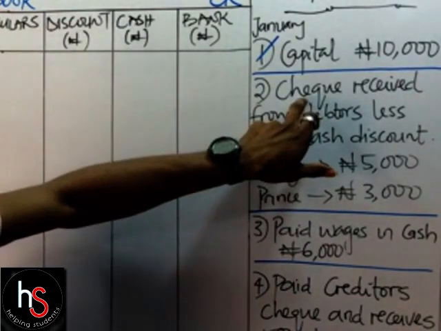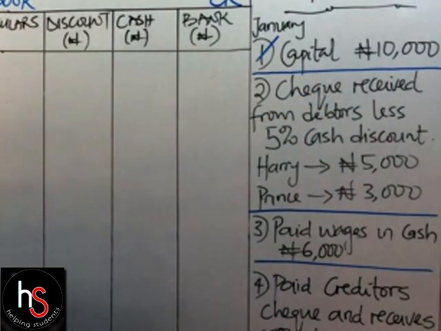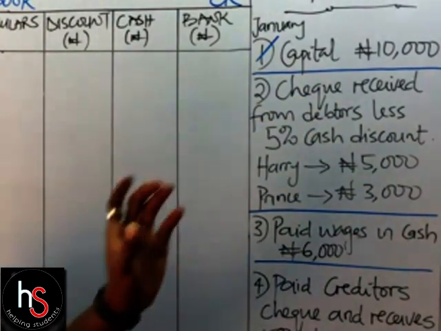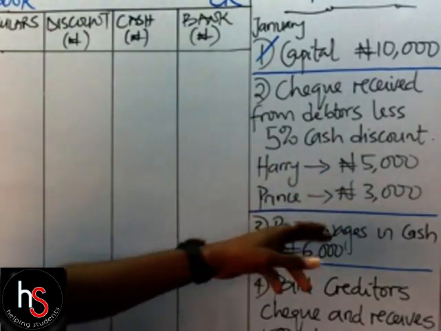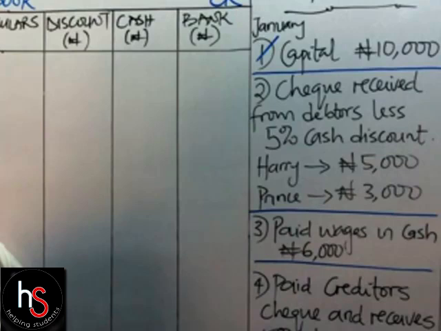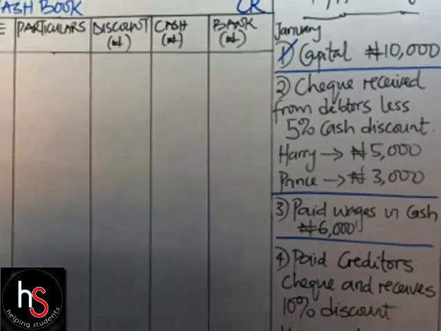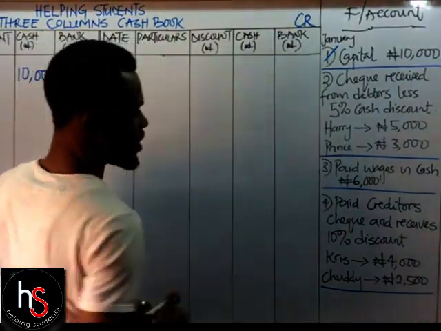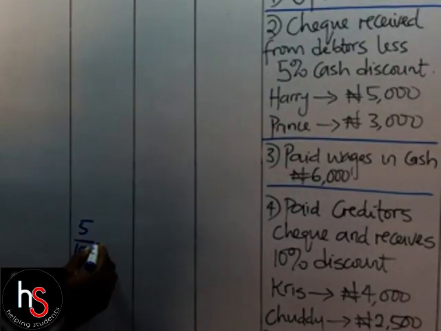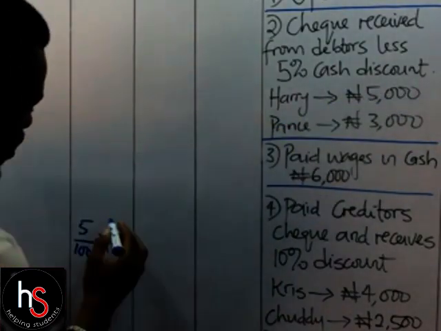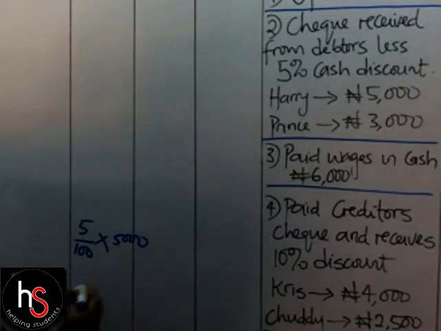Then, since it is a cheque entry, which means we're going to record under the bank section, we subtract the discount we've calculated from 5,000 to get the exact value that will be placed under the bank section. This is how we do it. You say 5%, which is 5 divided by 100 times 5,000. You get it?